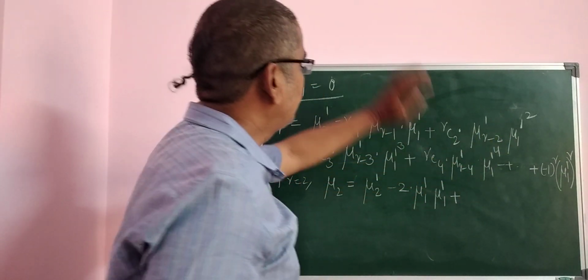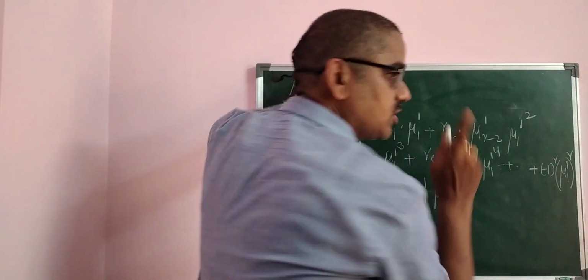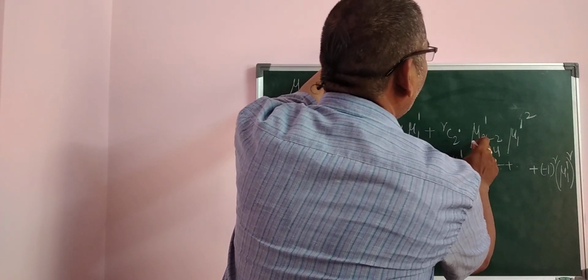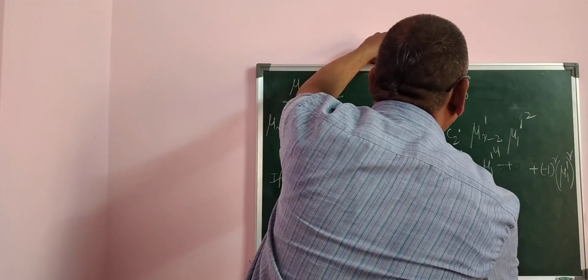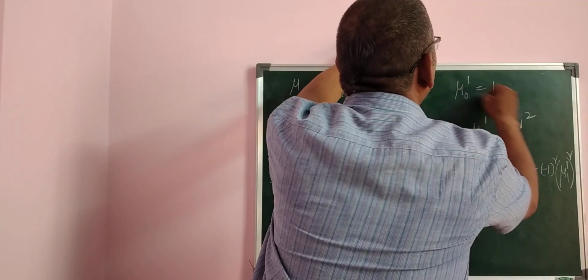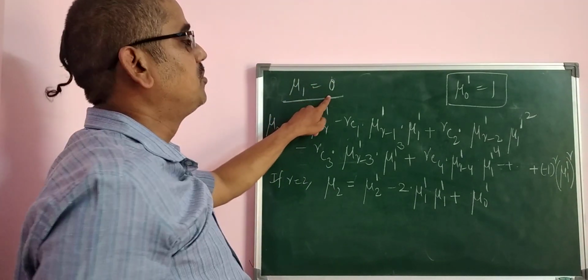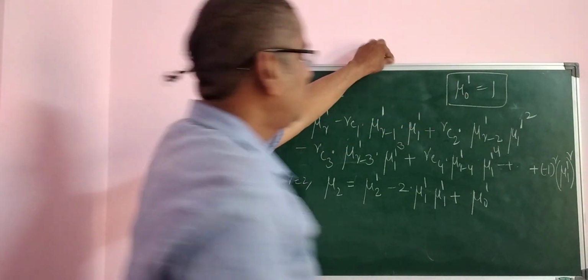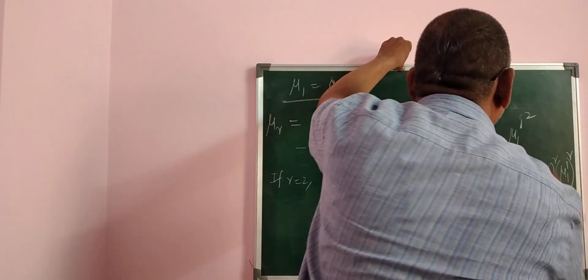I also explained that. Now first you substitute 2C2, it is 1, and mu 2 minus 2 dash, that is mu 0 dash. The mu 0 dash value is 1. Mu 0 dash is 1, mu 1 is 0, and mu 0 dash is multiplied by mu 1 dash square.